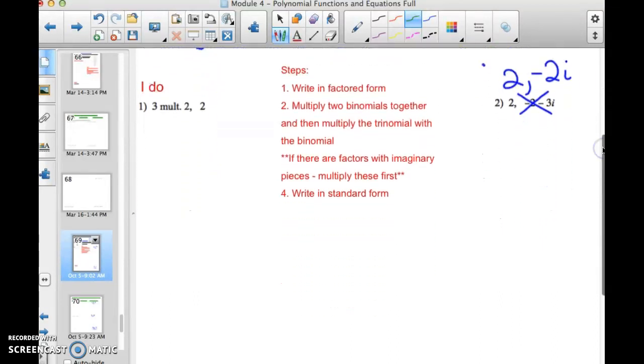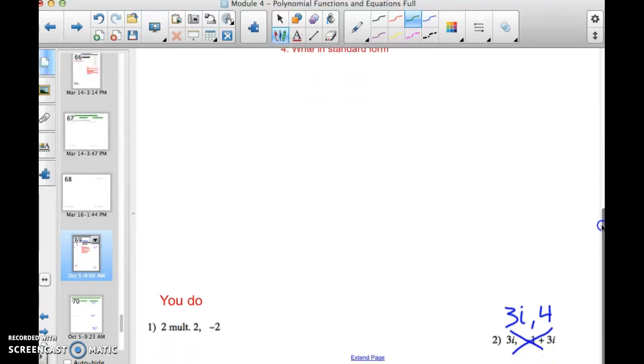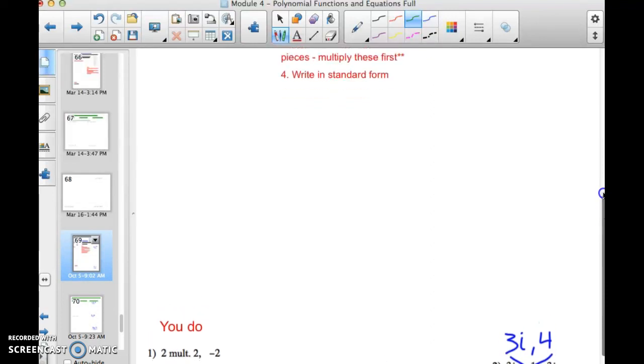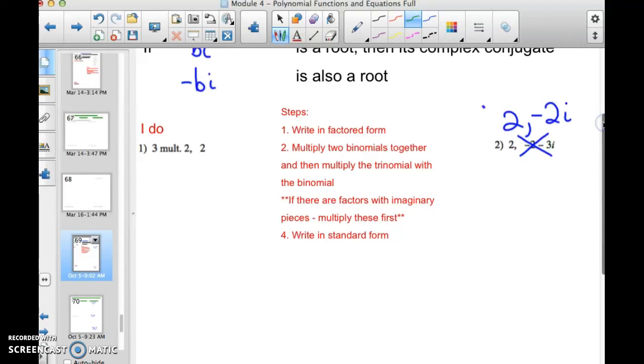I'm going to do number 1 as an example. I'm going to work it out and then ask you to do number 1 down in the bottom left as well. So, first thing I notice is that it gives me solutions. It says 3 multiplicity of 2 and then the solution of 2 as well.